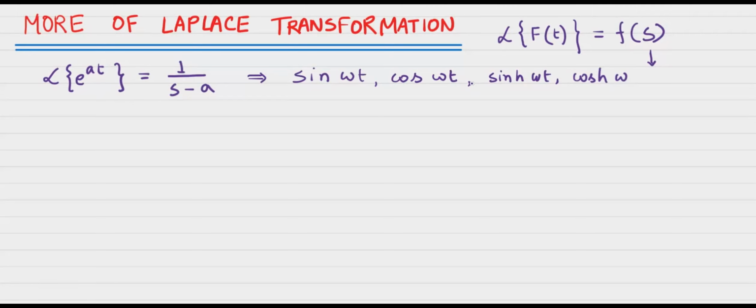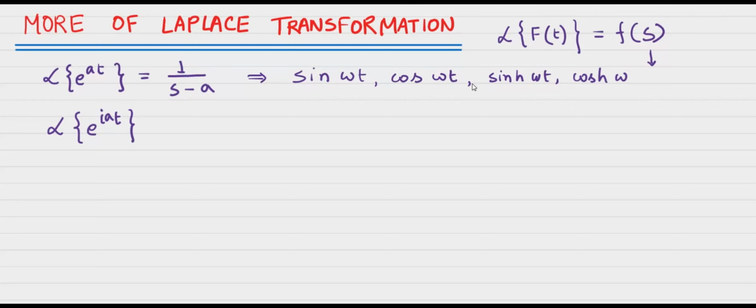So the first one we are going to do is to write this Laplace transformation a bit differently, and that is to find the Laplace transformation of e to the power i a t.